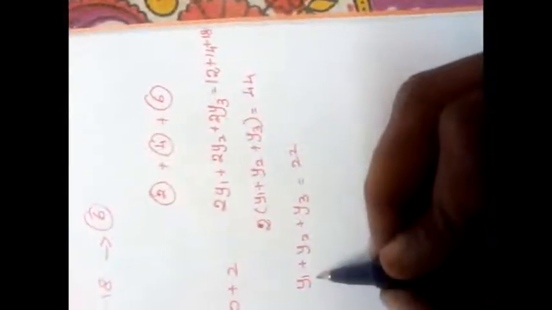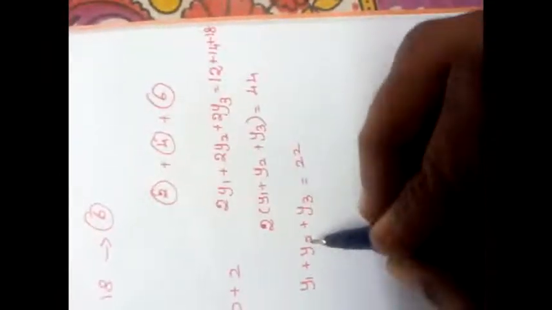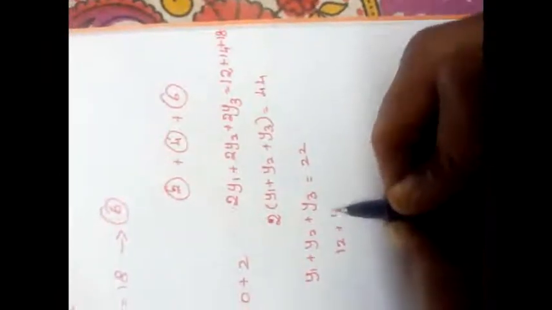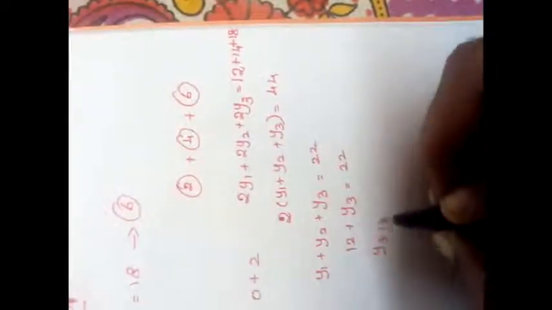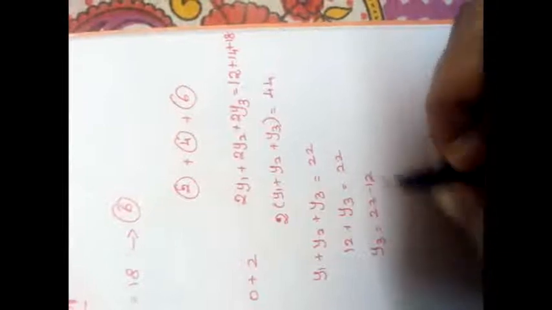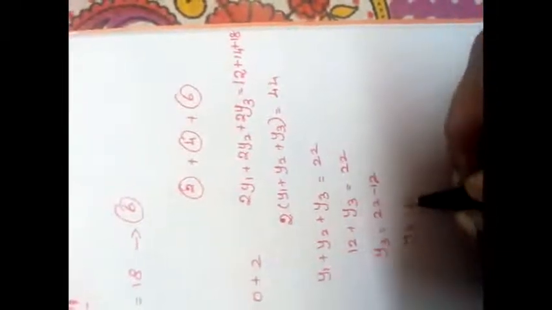In this equation we can substitute the value of y1 plus y2, which is 12, plus y3 is equal to 22. y3 is equal to 22 minus 12. y3 is equal to 10.